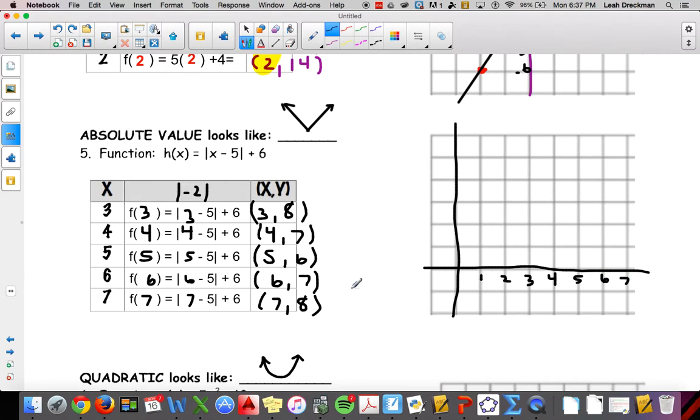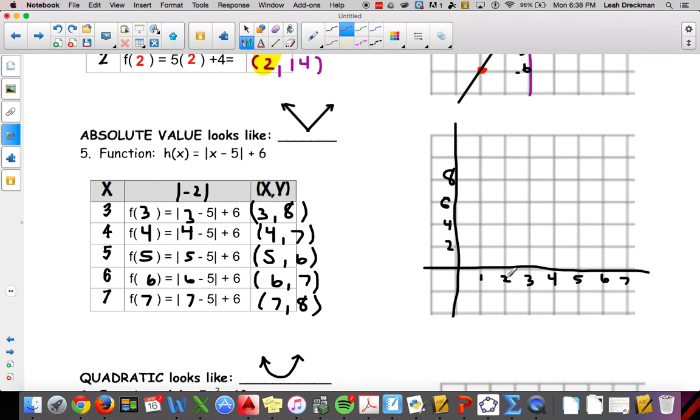All right, and my outputs go all the way up to 8. 1, 2, 3, 4, 5, 6. So it looks like we have to count by twos. 2, 4, 6, and 8. Okay.